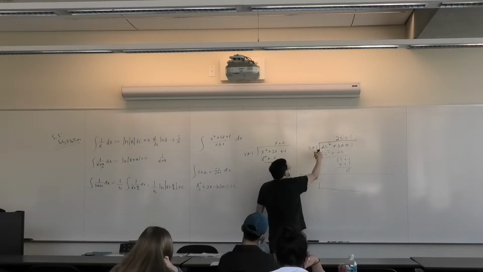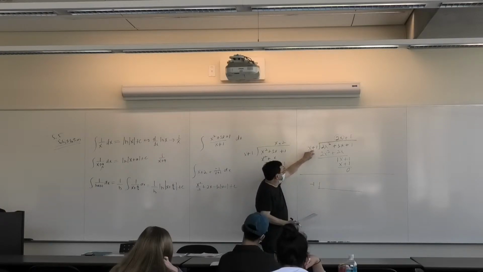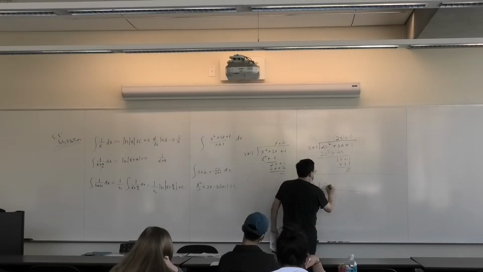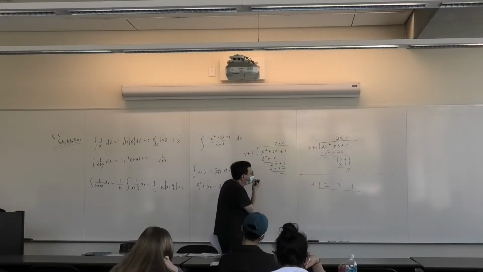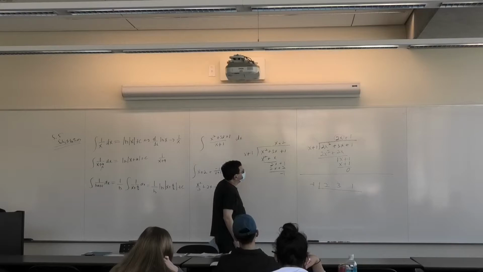Instead of x plus 1, I write minus 1, because minus 1 is what I add to get 0. Here I write down the coefficients right the first time.